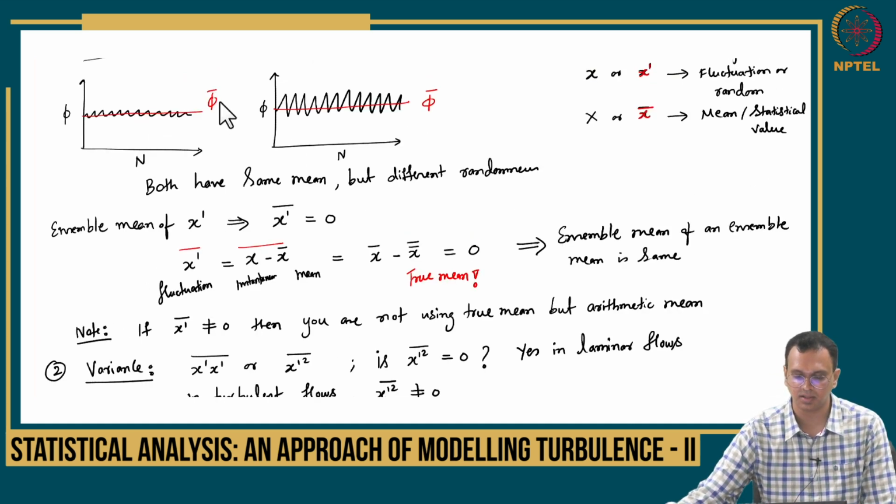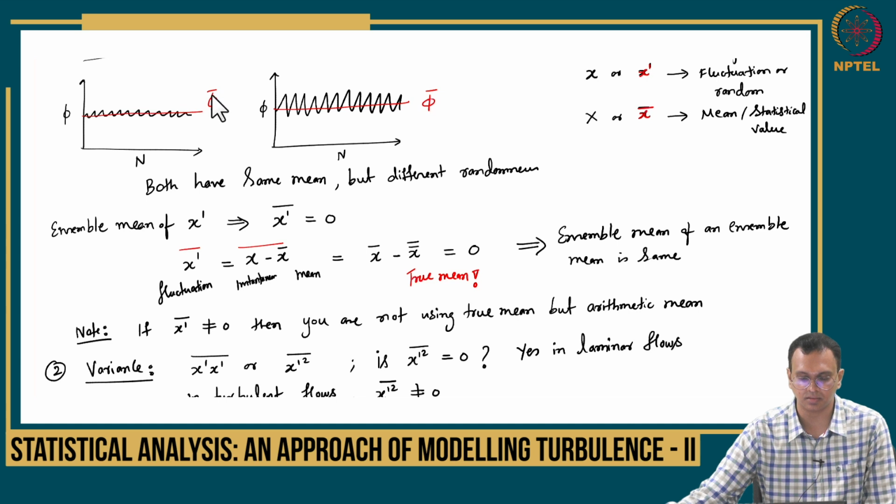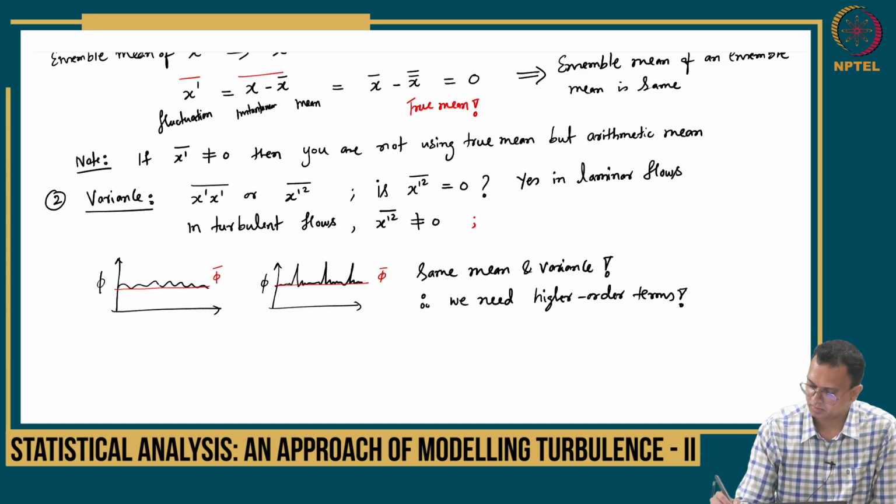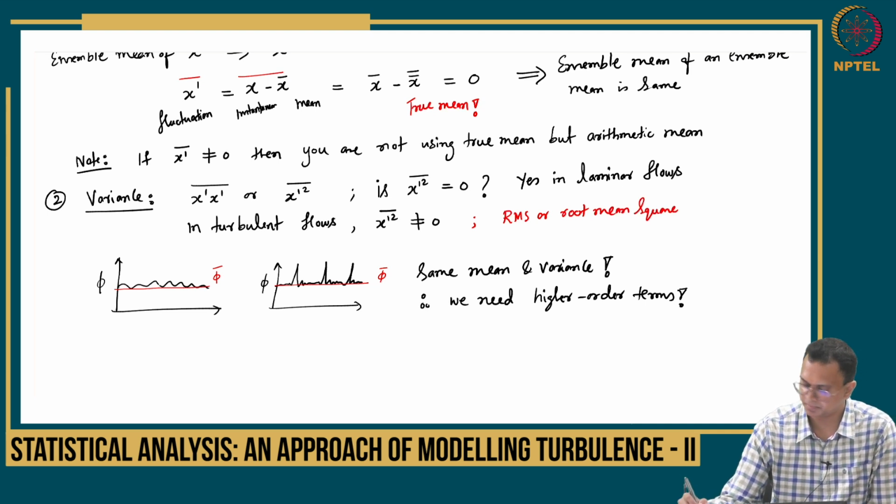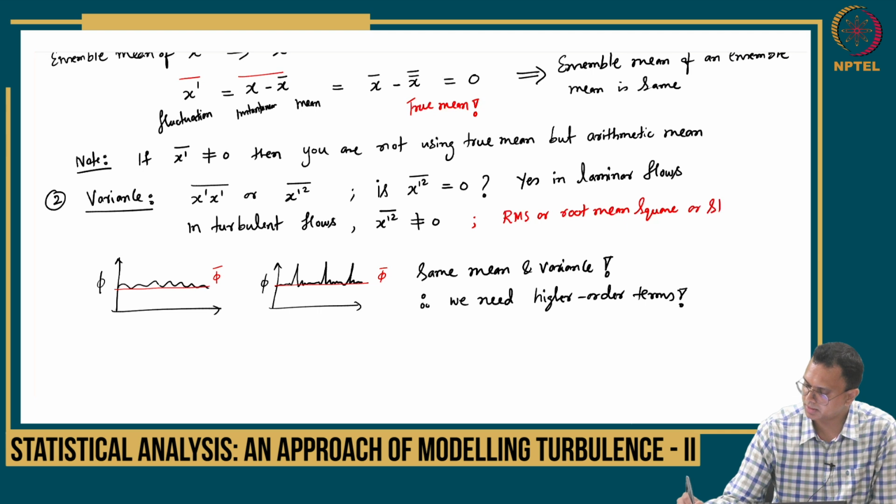For example, here both have same mean. The phi bar is same, but one may exhibit a stronger turbulence level than the other one. Okay. So we have this root mean square, right? RMS or root mean square or standard deviation.